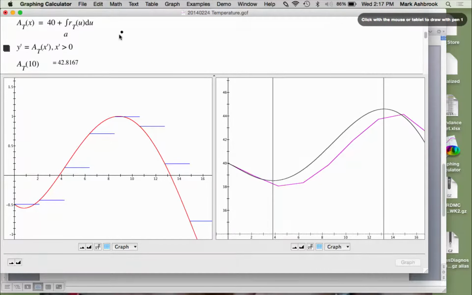So you could also express it as 40 plus the integral from 0 to 10 of r(u) du. So all three of those are expressions of the temperature at 10 minutes.